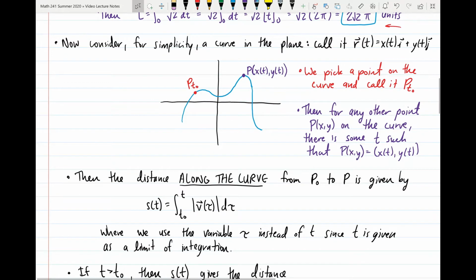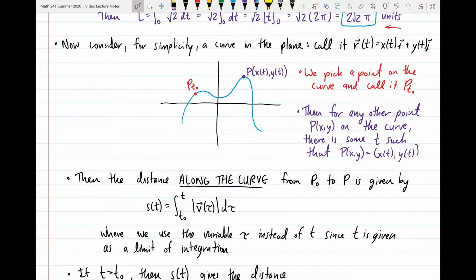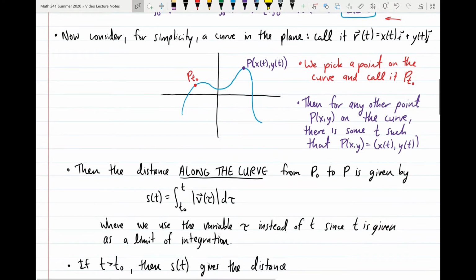So then, once we pick this point, which will be called a base point, for any other point that lies on the curve, there's some t such that that point is what pops out of our function r when we plug in t, right?